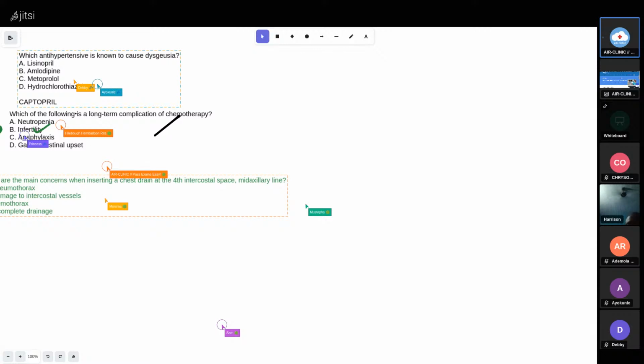So, what will be your primary concern when you insert the chest drain at the fourth intercostal space? Option A is pneumothorax. Option B is damage to intercostal vessels. Option C is hemothorax. Option D is incomplete drainage. I'll go with A.